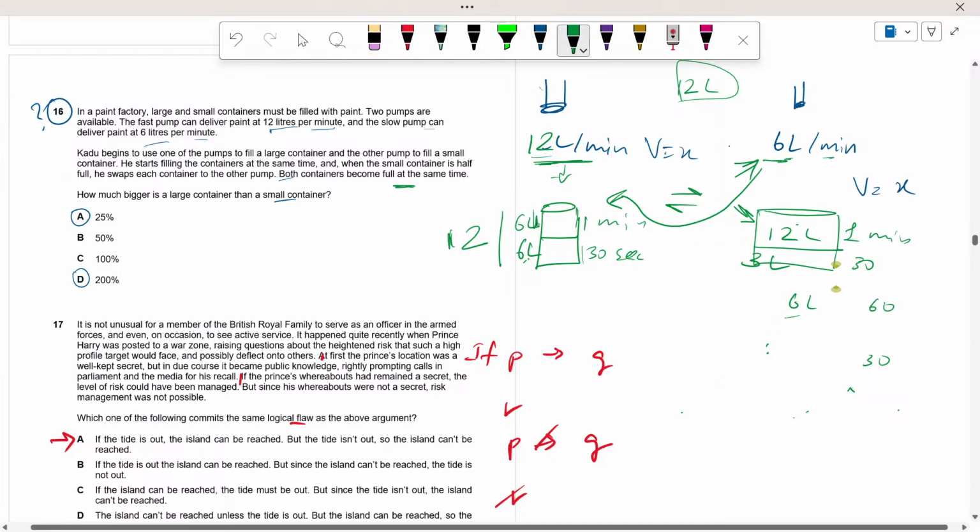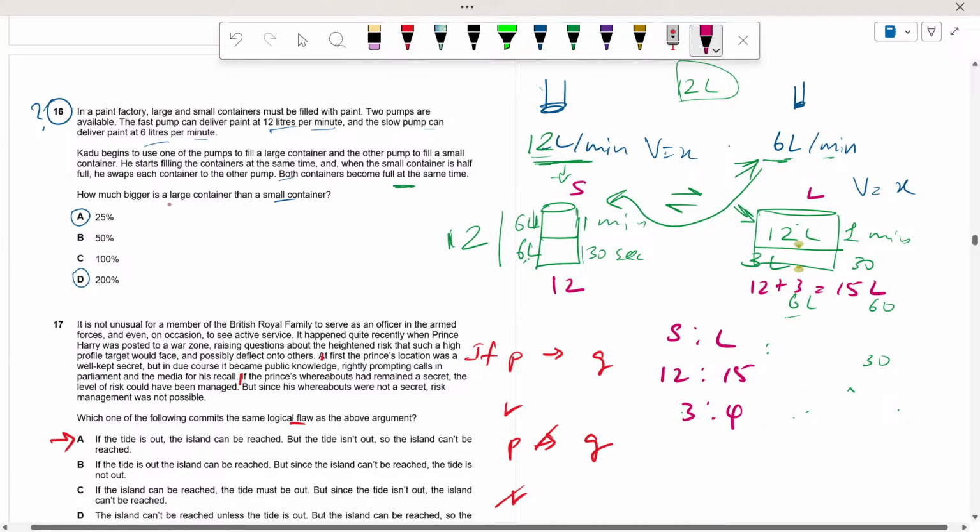Now if you count the liters, we have 12 plus 3, that's 15 liters for the large container, and for the small container we have 12 liters. Small versus large, that's 12 to 15, that's 3 and 4.